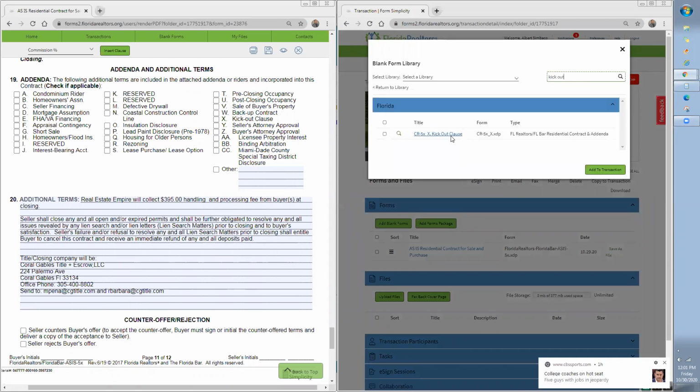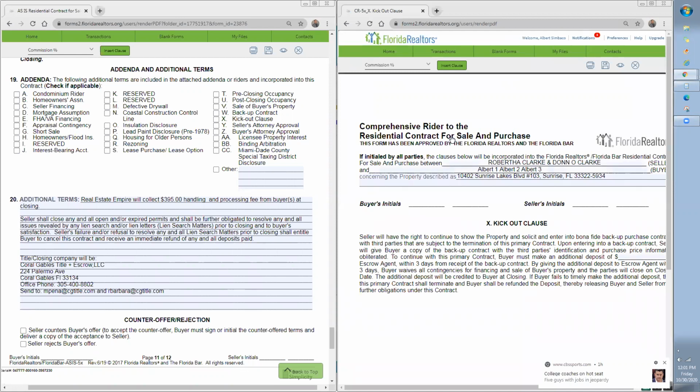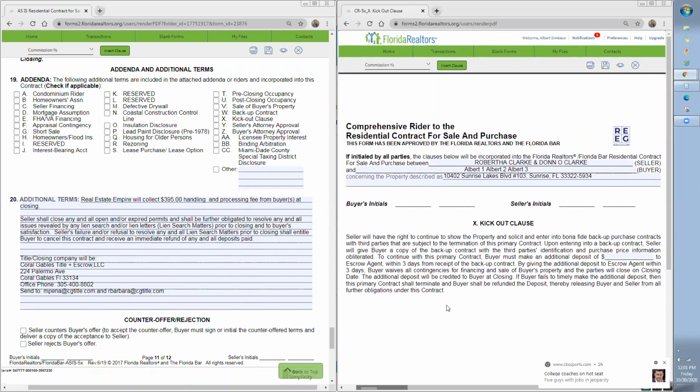The kickout clause basically says, hey, Mr. Buyer, we are accepting backup offers, okay? As of the moment, we are accepting your offer to be in first position.